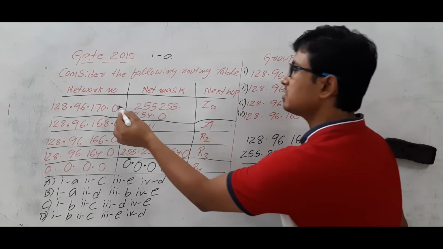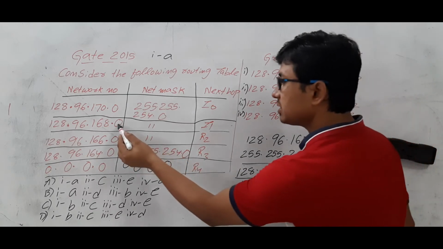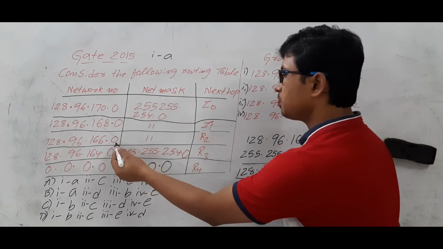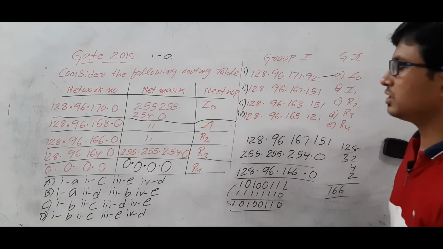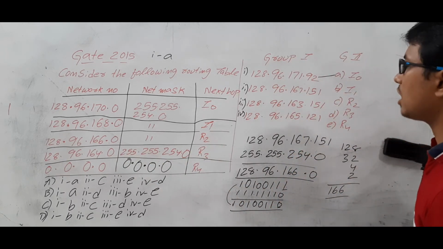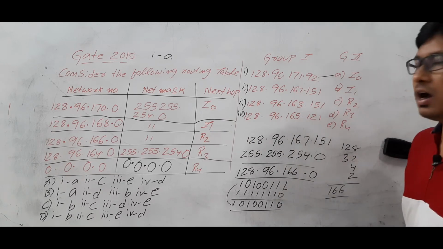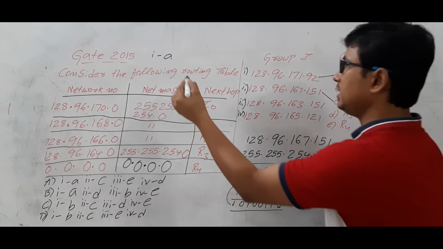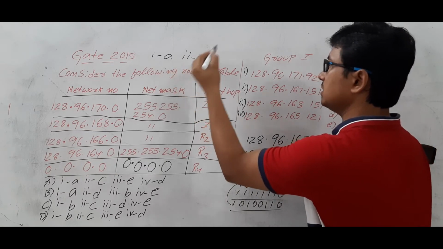So it is not matching with this one, it is not matching with this one, it is matching with this one. So what I can say is, the router will transfer this packet using the interface R2, or the next hop R2. So 2 is matching with C. So write that 2 is matching with C.